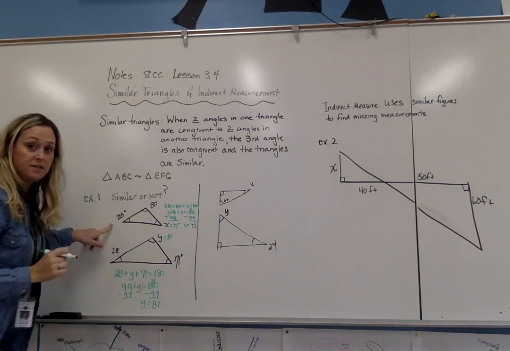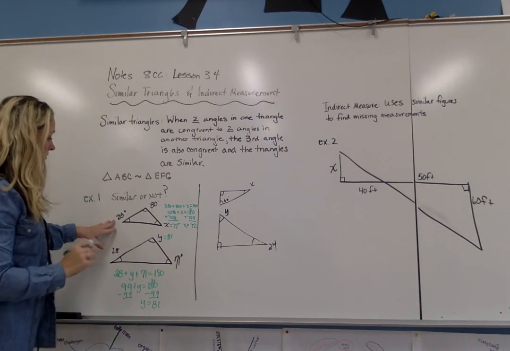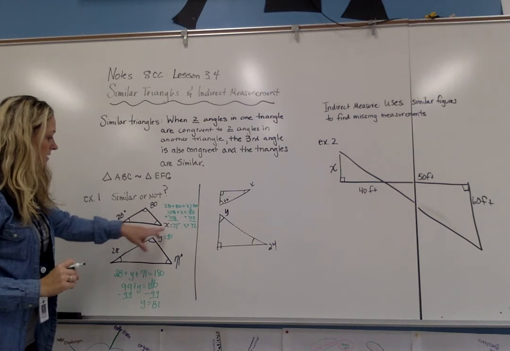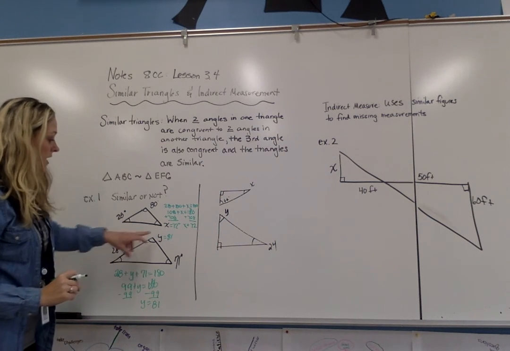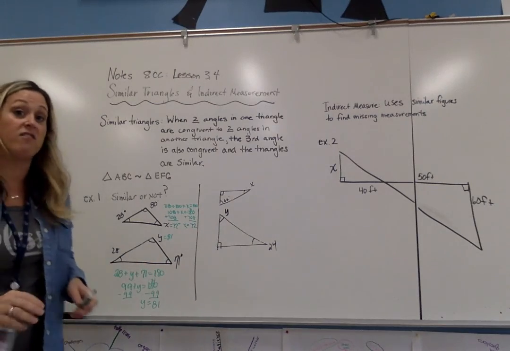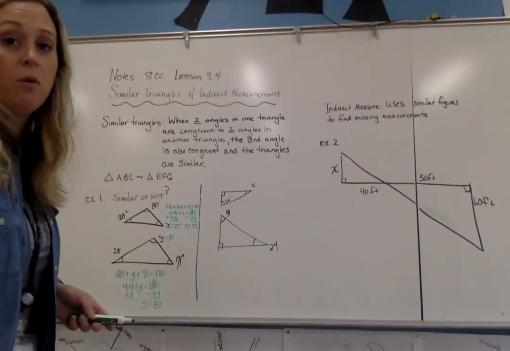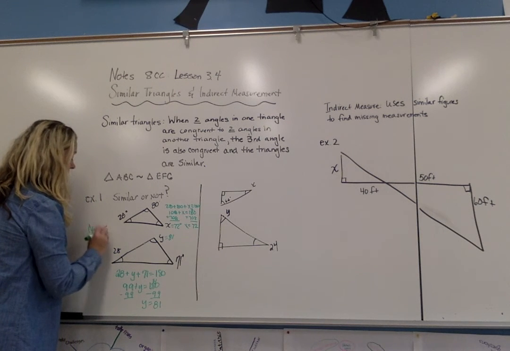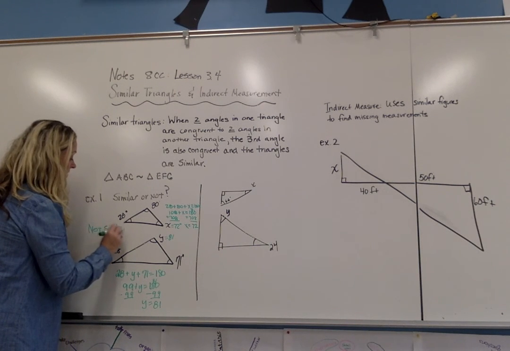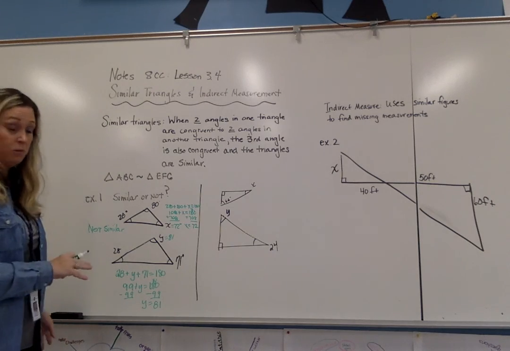The first triangle has angle measurements of 28, 80, and 72, and the second one has angle measurements of 28, 81, and 71. They are not the same, and therefore they are not similar. So these triangles are not similar based on them not having congruent angle measures.